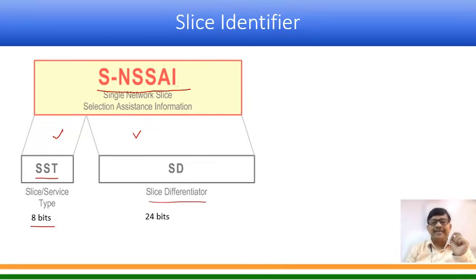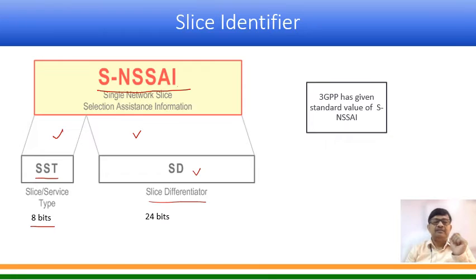And then you have a slice differentiator, which defines a particular slice. For example, there is one slice for eMBB, but there can be more than one eMBB slice in a network. How do you differentiate them? With SD values. So this can have some value, and that can have some other value.